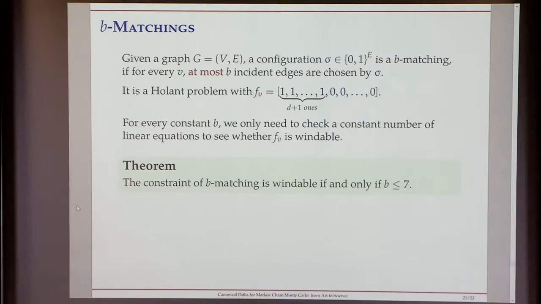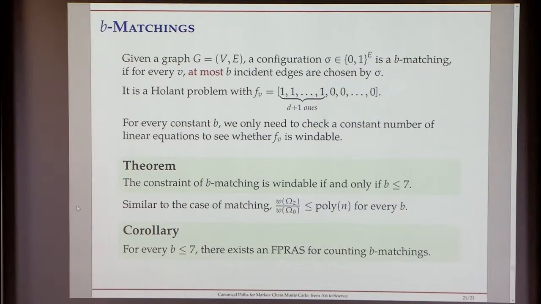So you only need to check a constant number of linear equations to see whether the function is windable. And we can show that b-matching is windable if and only if b is at most 7. Similarly, we have the ratio bound, and so for b at most 7, the problem of counting b-matchings has an FPRAS.